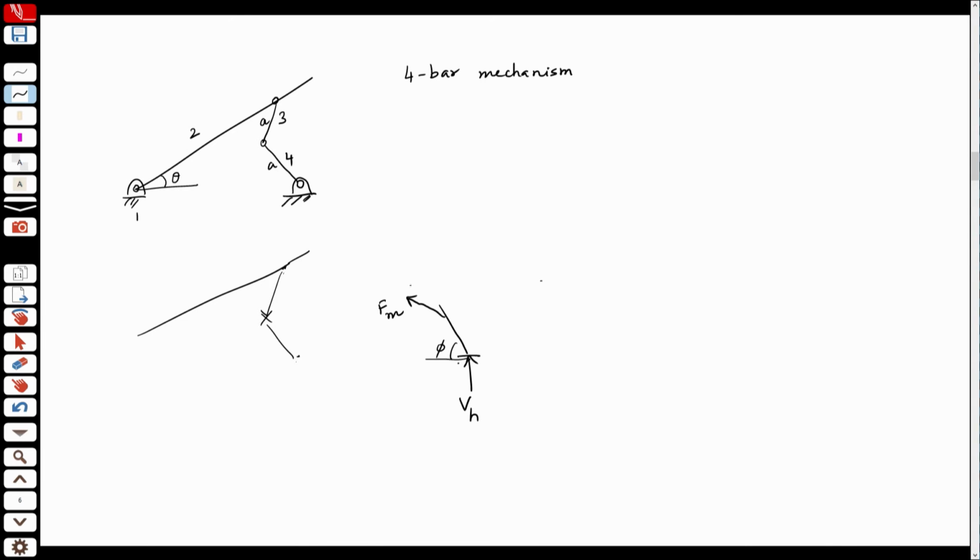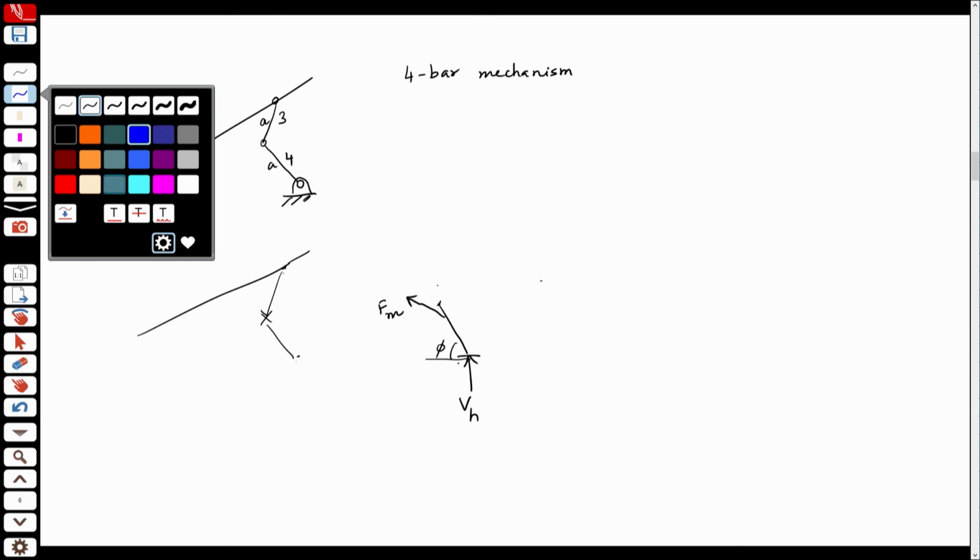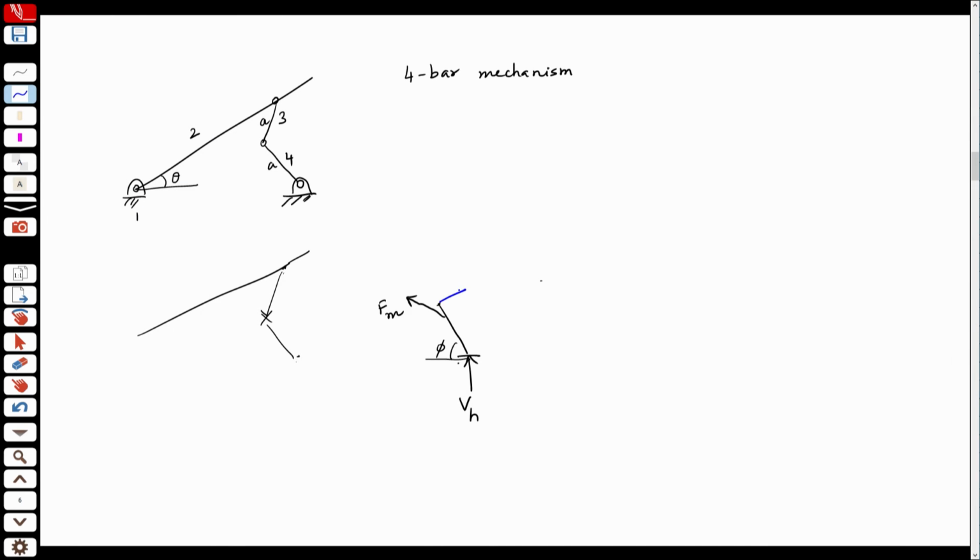Then I know how Fm is acting from anthropometric data, and I can compute the joint reaction forces at the elbow. So, this is how you would go from the whole body analysis to an individual segment.